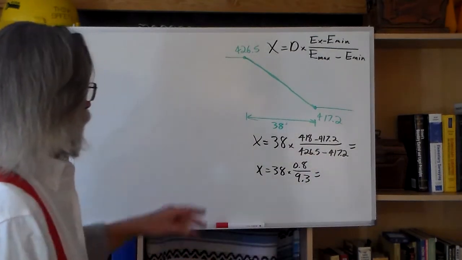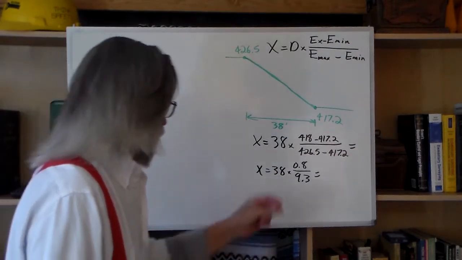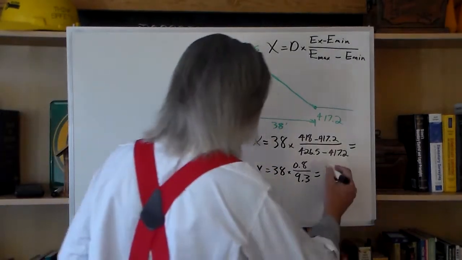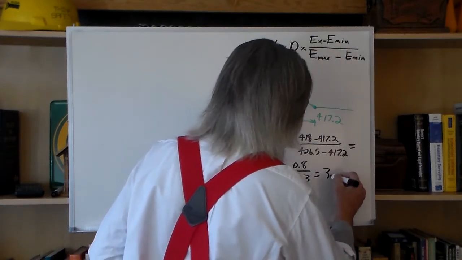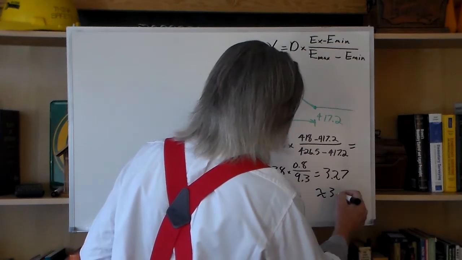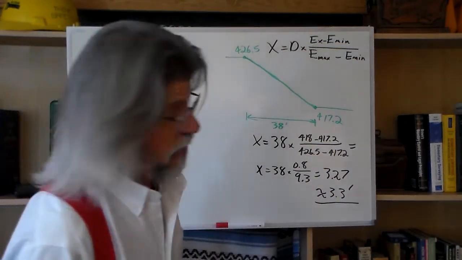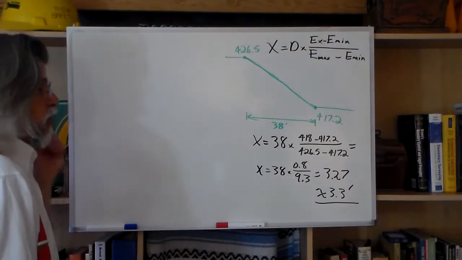And that is going to give you, let's do some quick math here, 3.27. We're just going to round that to 3.3 feet. We're not going to get that precise. 3.3 feet is good enough.